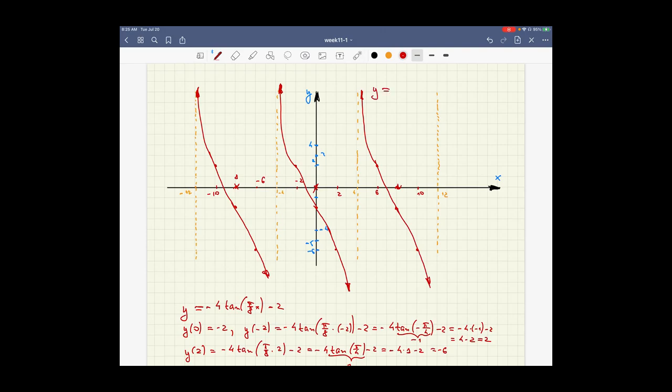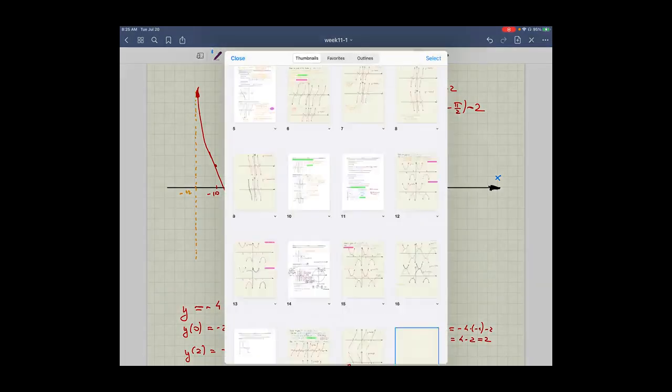And that is the graph of -4 tangent of pi over 8x minus 2, which is the same as 4 cotangent of pi over 8x minus pi over 2 minus 2. And this right branch is what you see drawn in blue below the problem statement.